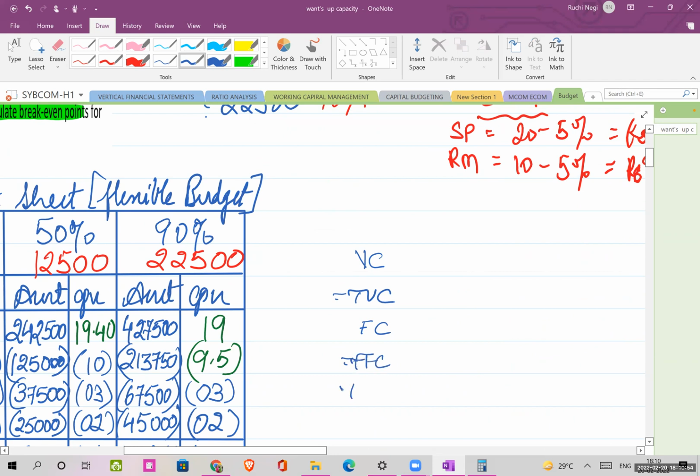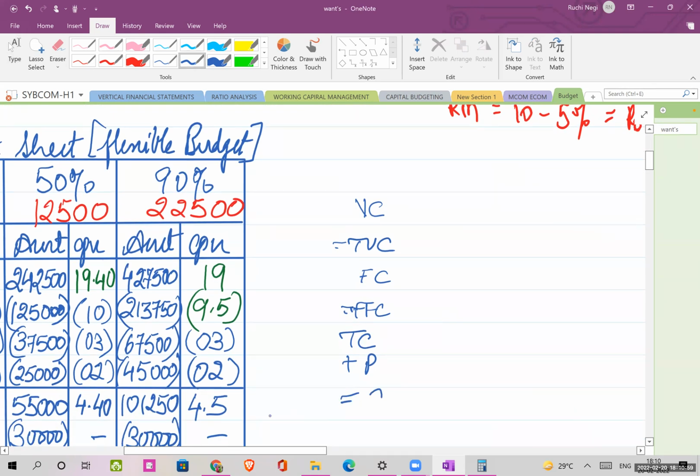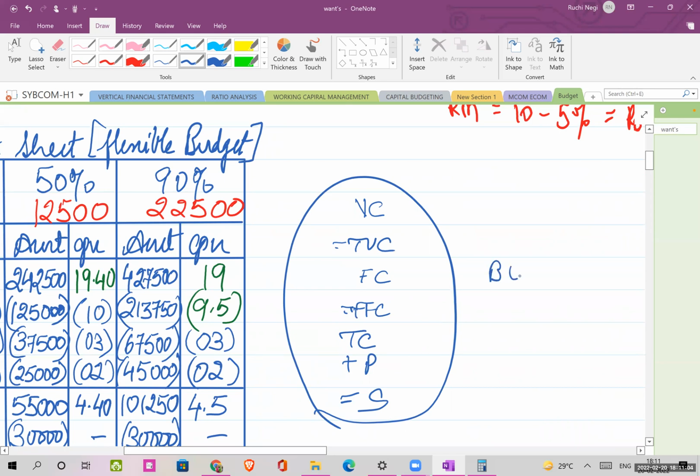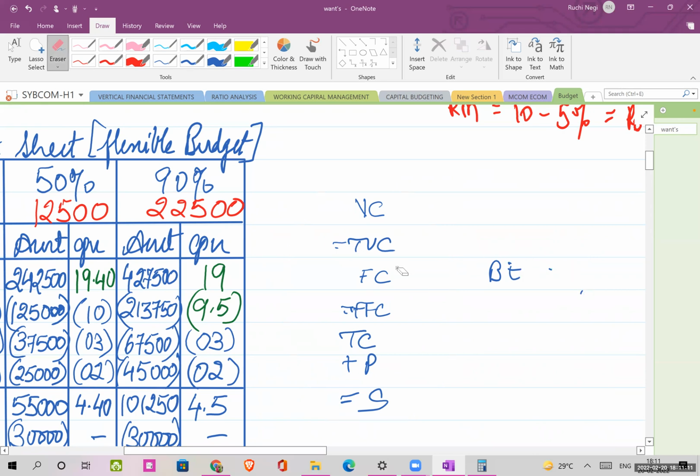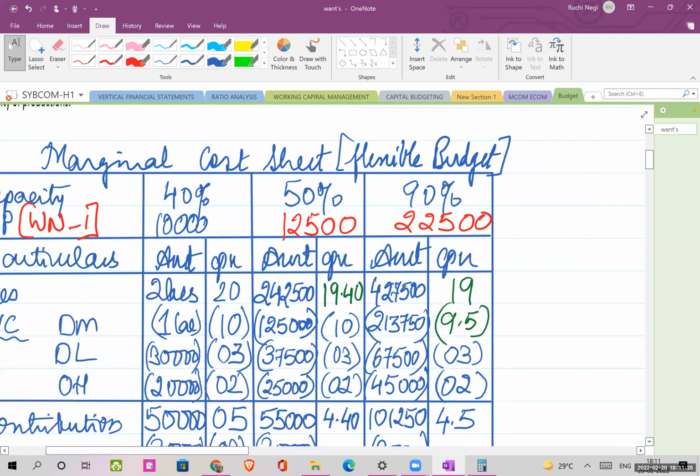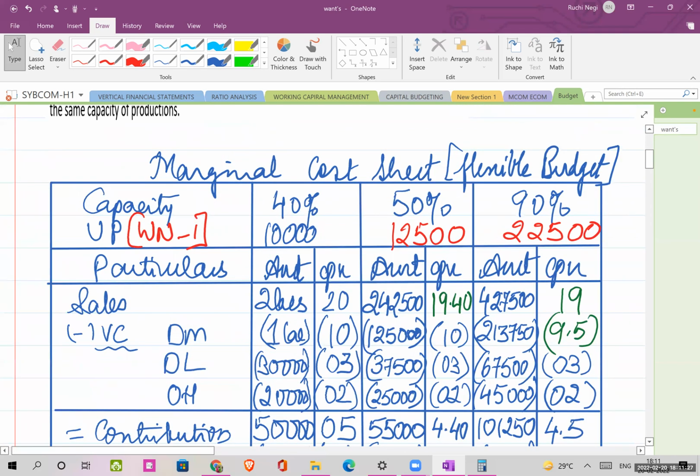Then we calculate total cost, then we add profit, and then we get our sales. Generally we do this, but since in the question break-even point is supposed to be found, I will tune my flexible budget to the format of my marginal cost sheet so that I can also calculate break-even point. So don't think I have changed the format; I have synced the format with the requirement of the question.